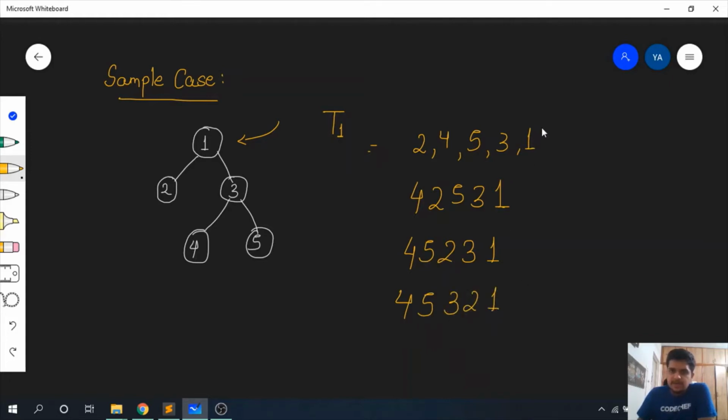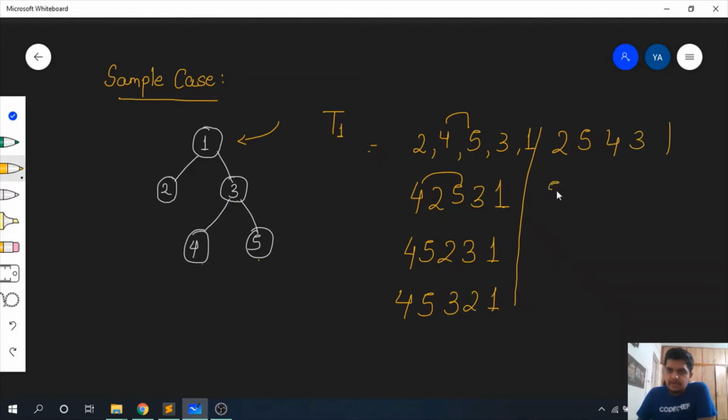Now, similarly, there will be 4 more orderings, in which the places of 4 and 5 are swapped. Since 4 and 5 are children of the same node, they can be swapped among each other, and it will still maintain our topological ordering condition. So this will be 2, 5, 4, 3, 1.